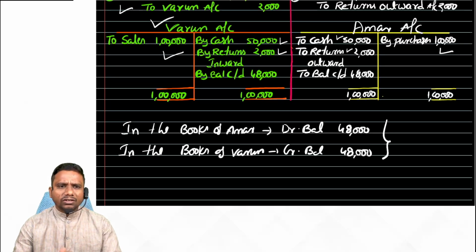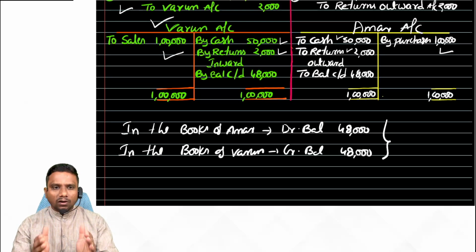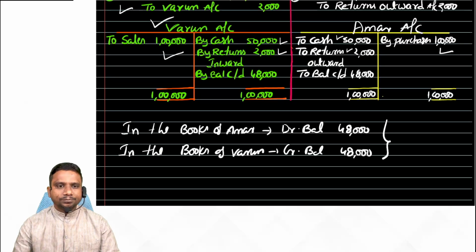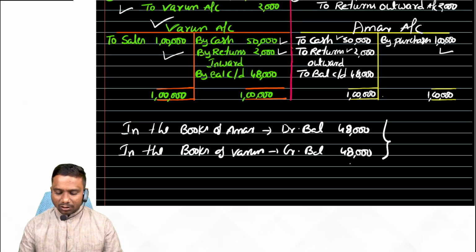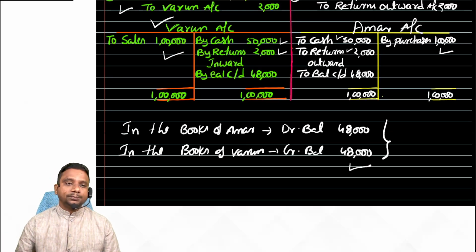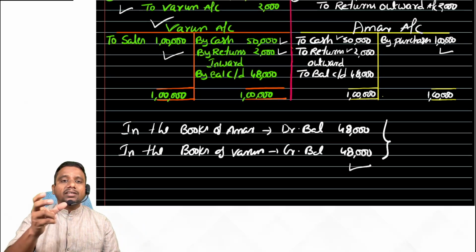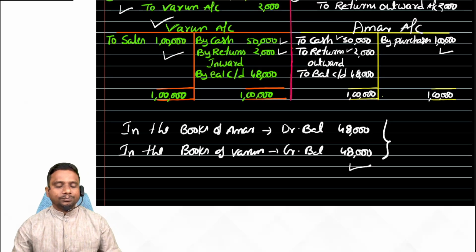So, what is your observation? Observe carefully. When one transaction is recorded by both the parties from their point of view, the ultimate balance of the account will become same, 48,000. Now, if Amar sees Varun account, it shows 48,000 debit balance. That means Amar has to receive amount from Varun.